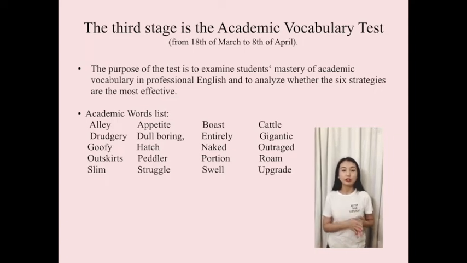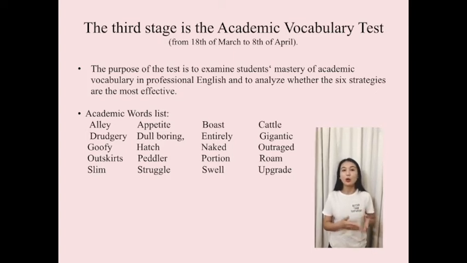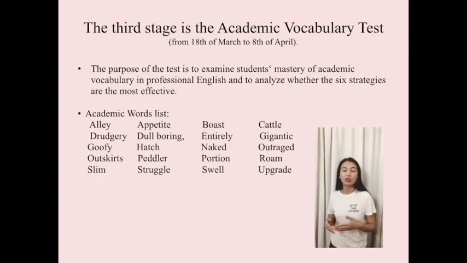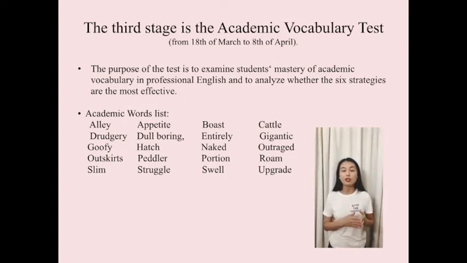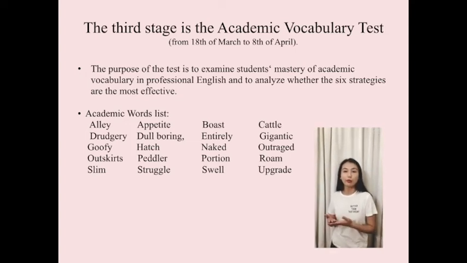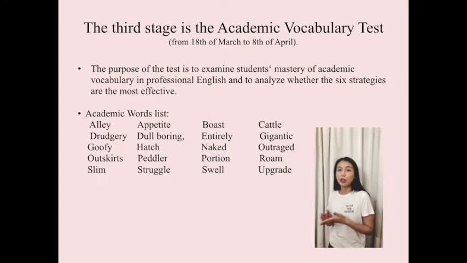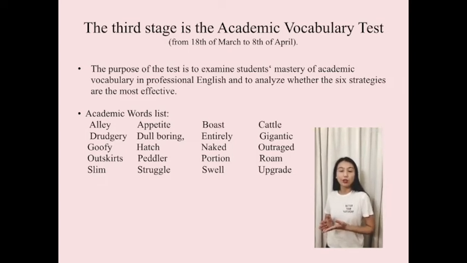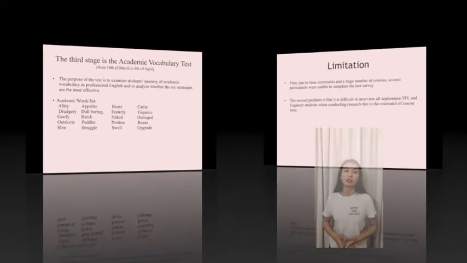This task asks students to recite the following 20 academic words in a week according to instructional learning strategies. After they finish their work, they should answer the following questions. For example, do you think this strategy is helpful for you to learn academic vocabulary? And if not, explain why.